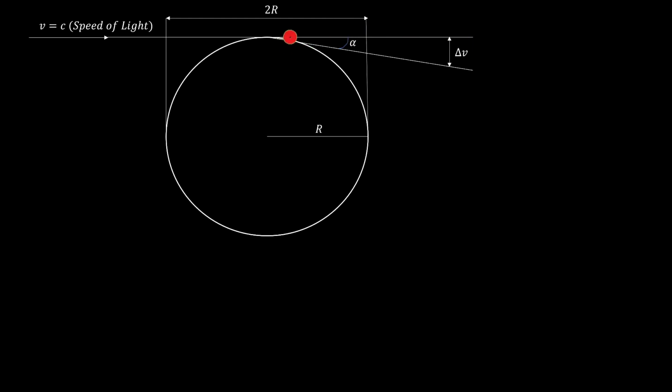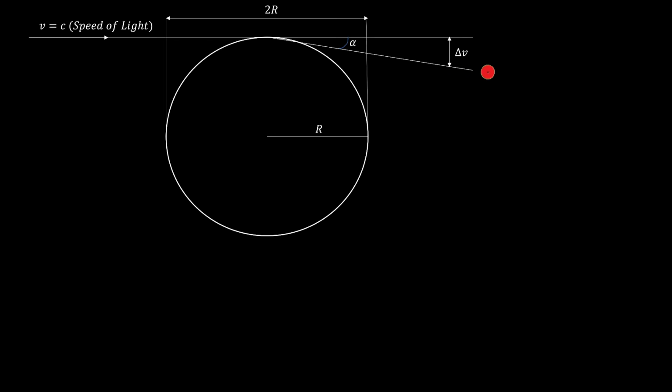However, it actually diverts at an angle of alpha. So we have a delta v in there, or a change in velocity. And from this edge to this edge would be 2 times R, which is just the diameter of the object. So basically, a photon traveling at the speed of light has been diverted with a velocity delta v in that direction.